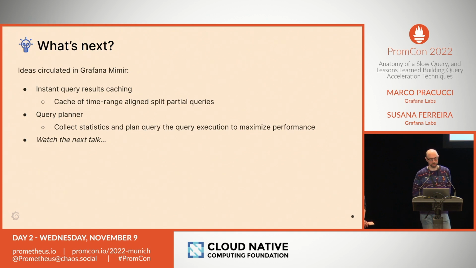Another idea we have been talking about for a long time, and sooner or later I will build it, is a sort of query planner. Basically, I would like to collect statistics about all the metrics we ingest and the queries we run, and then use these statistics to better plan the query execution, like how many time intervals to use, how many shards, which technique we should use in order to squeeze out the performance of the query.